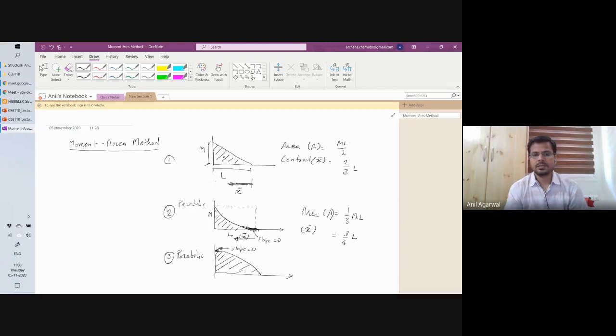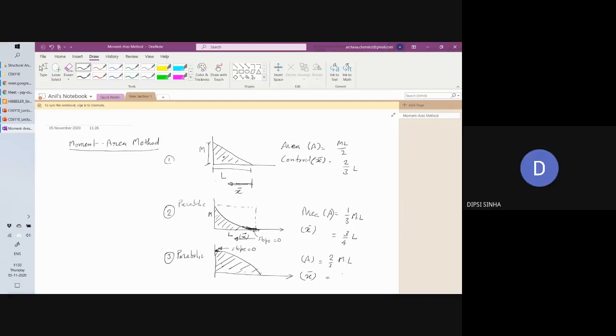For this case, the area will be, everybody should know now, the complementary area of the previous case. So that is 2/3 of ML. And X bar, I need to recheck, I've forgotten. Does anybody remember how much it is?